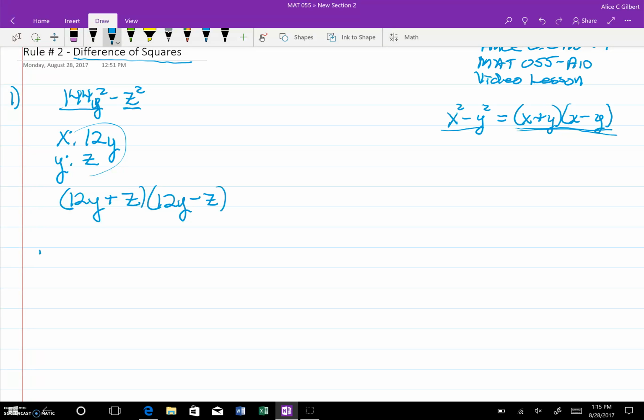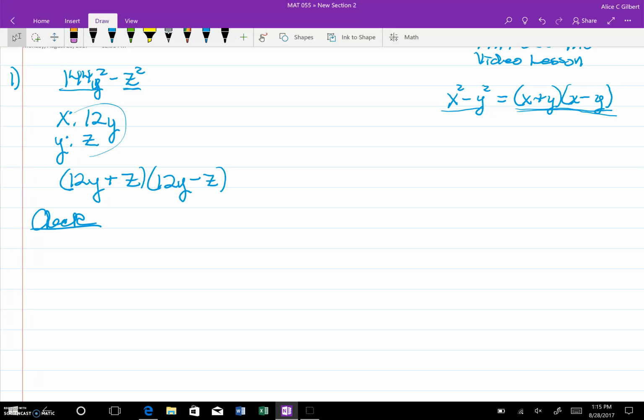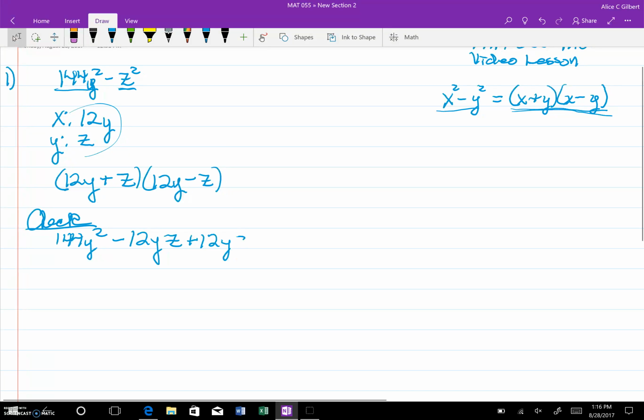Now, let's check this for two reasons. One is I want to show you how this works and why it works every time. So 12y times 12y is 144y squared. 12y times negative z is negative 12yz. z times 12y is positive 12yz.